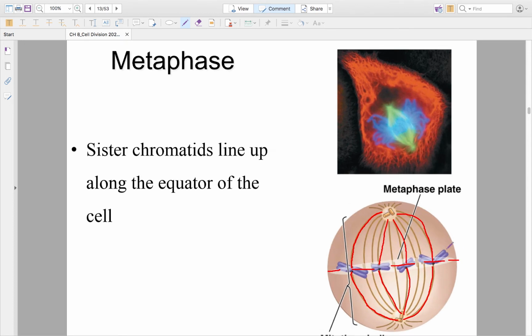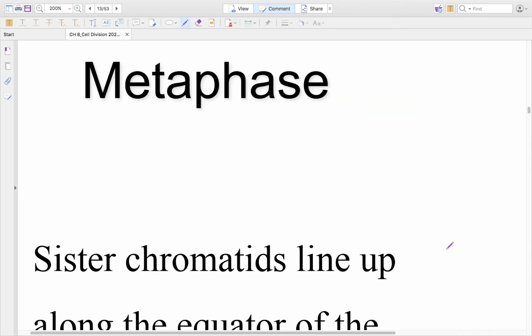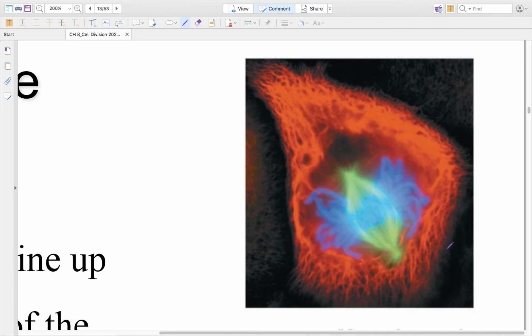Now, if we look at this picture, which is actually a great picture, you can see all the chromosomes right there, aligned. They kind of look like they're way up here, because it's DNA, but they are aligned at the equator. And then this is one centriole.